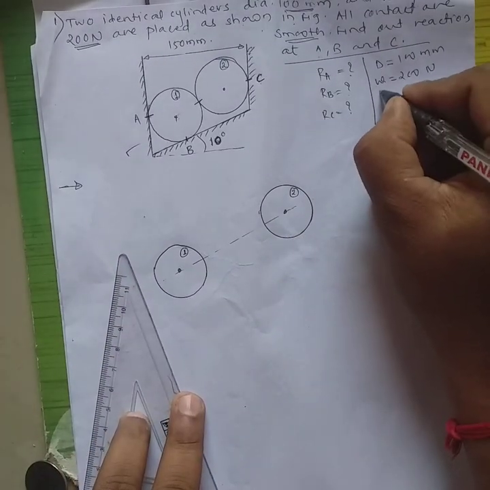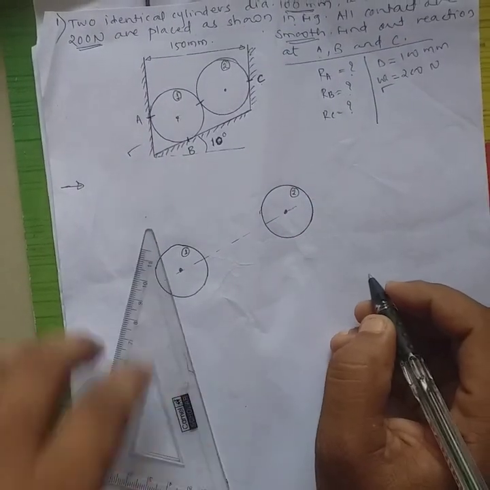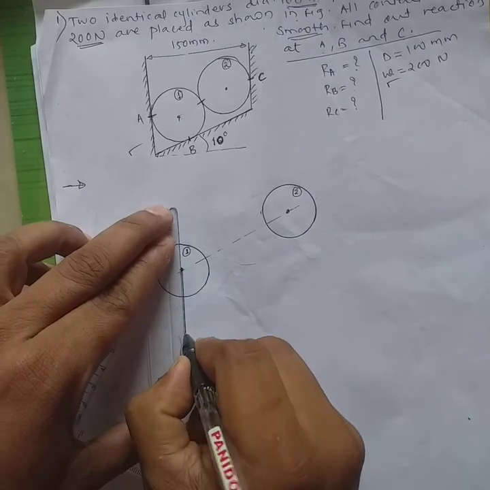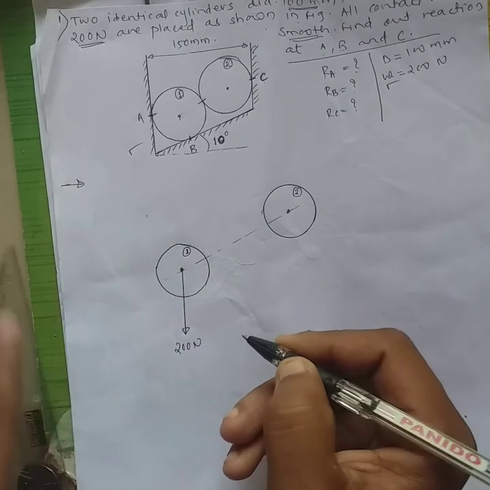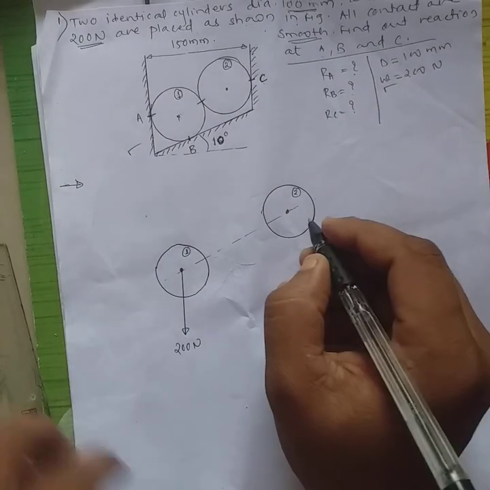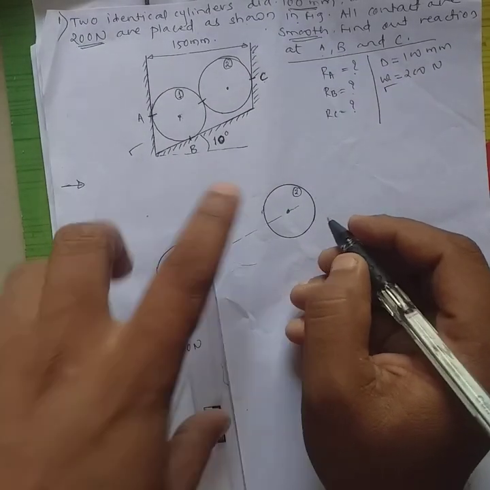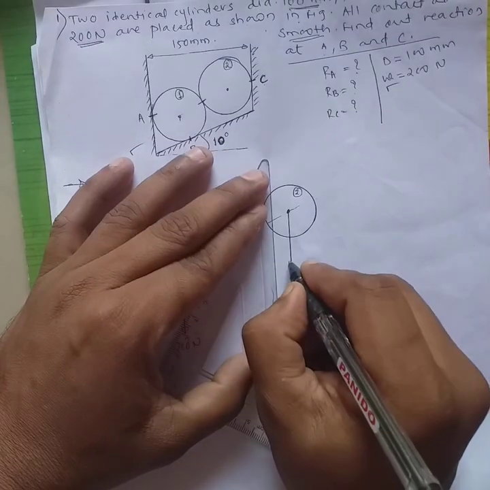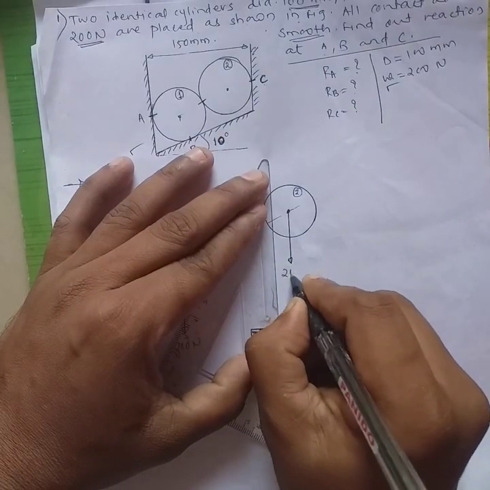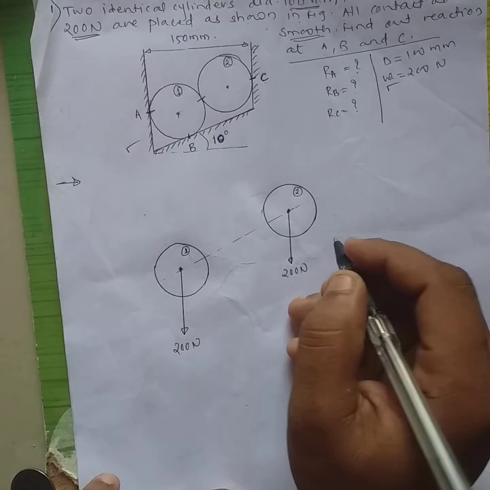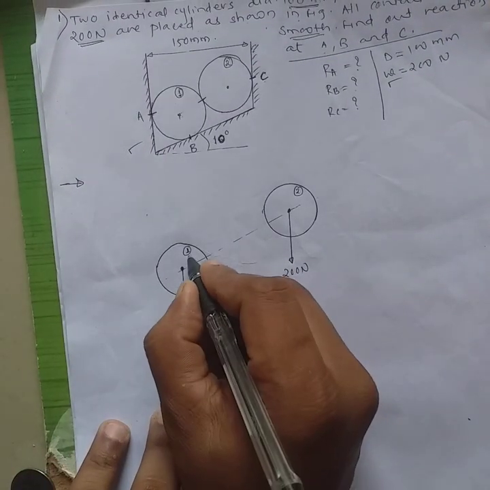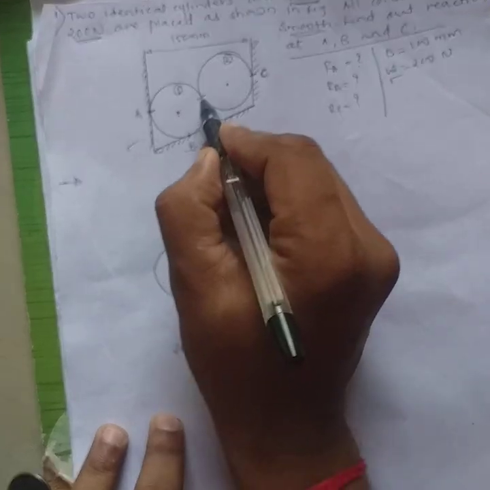Let's check the FBD of cylinder number 1. What is given? The weights are given. Weight is always in the downward direction, so this weight is 200 Newton. Similarly, for the second cylinder, weight is in the downward direction, that is 200 Newton. Now how many contact points does cylinder number 1 have? Here, here and here.